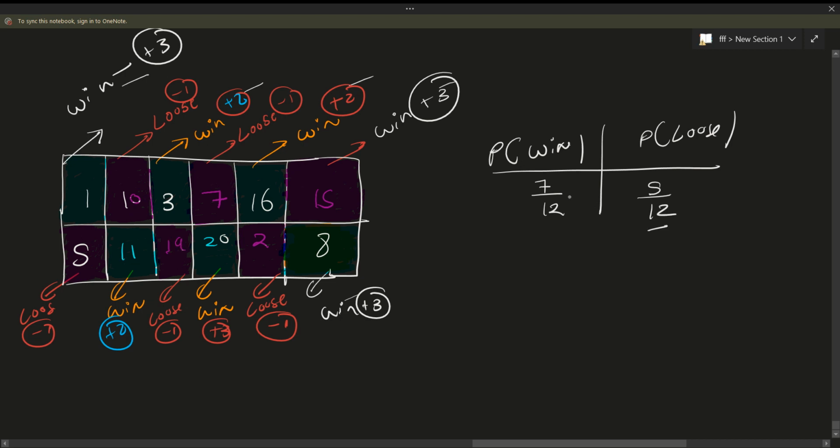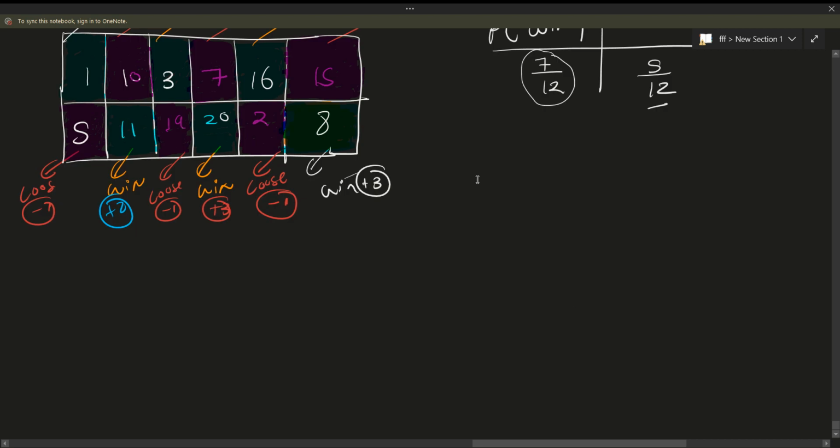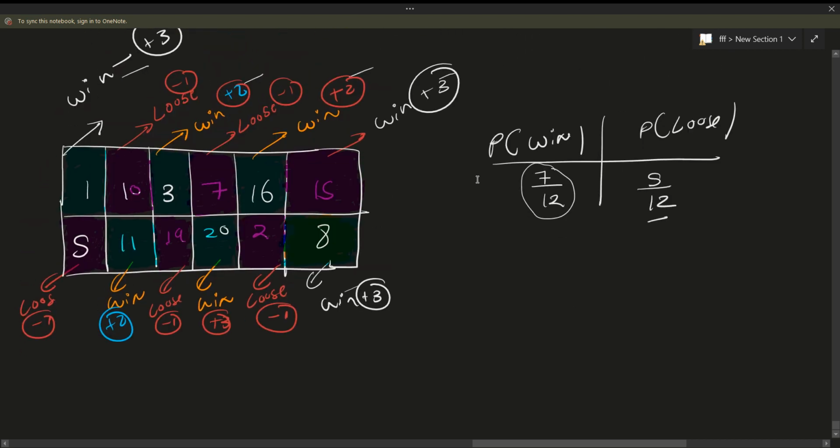It seems that the winning probability is more, so you should win, but it's not always like that. Let's see how we can predict. First, we'll see the probability of winning and losing.